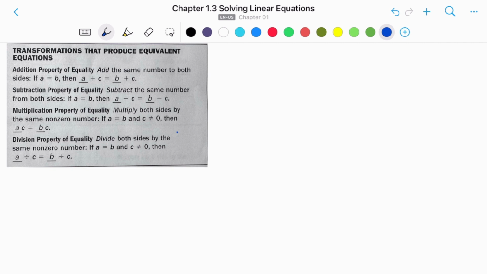It's saying if you add the same number to both sides, if A equals B, then A plus C equals B plus C. That makes sense, right? Let's say A equals 2 and B equals 2. If you add the same number to both sides, it's the same thing.